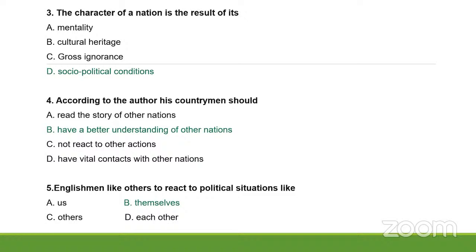The next is Englishmen like others to react to political situations. As in the line which I already read and highlighted, Englishmen, or the people of Britain, want people to think and react like they do. So that is how you come up with the answer: Englishmen like others to react like themselves to understand political situations.